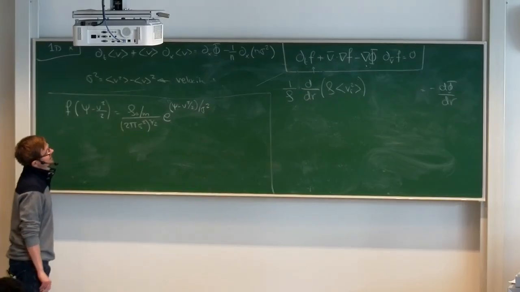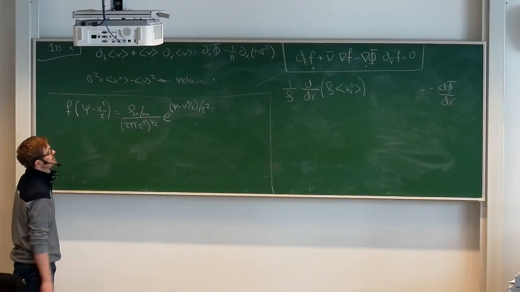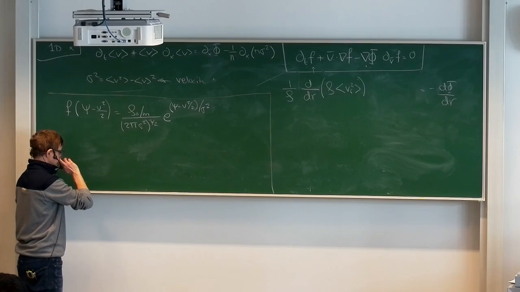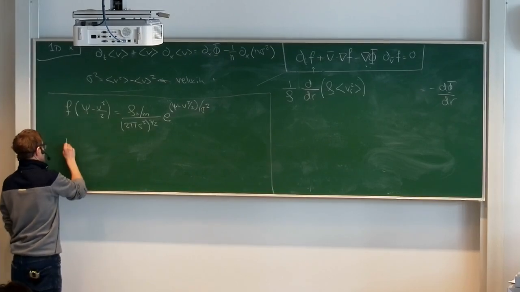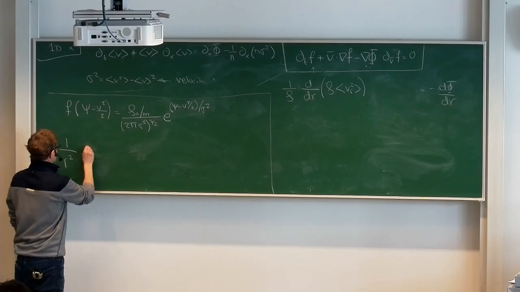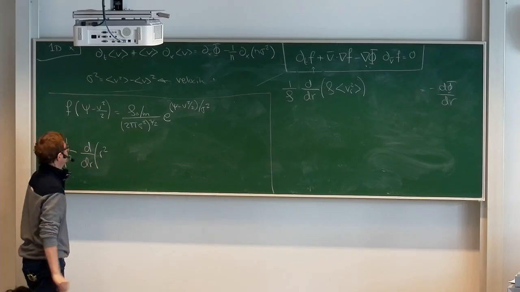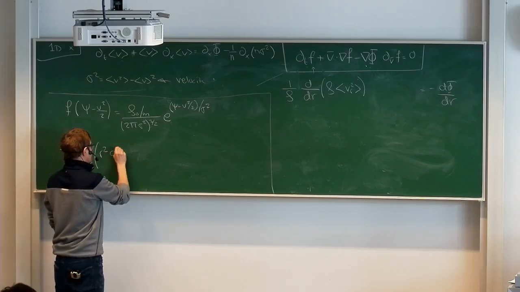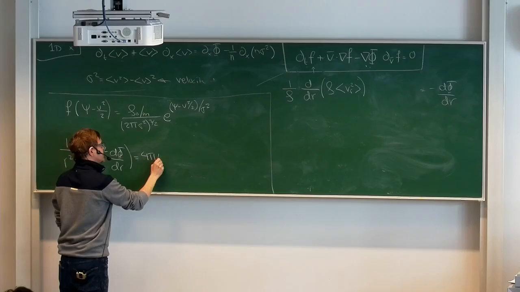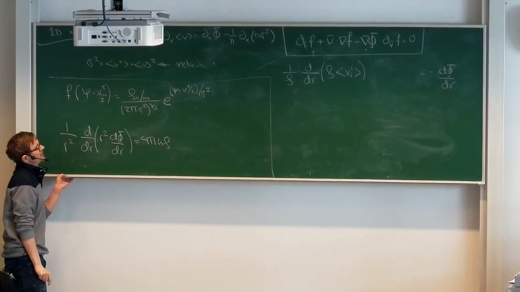So if we now look at the Poisson equation again and use this form, the Poisson equation gave us 1 over r squared d dr r squared d phi dr equals 4 pi G rho. Okay?